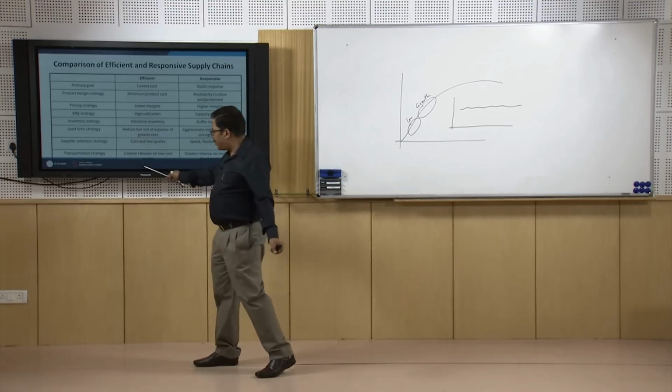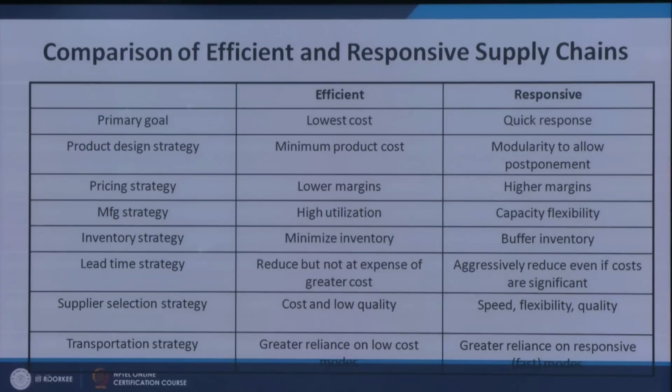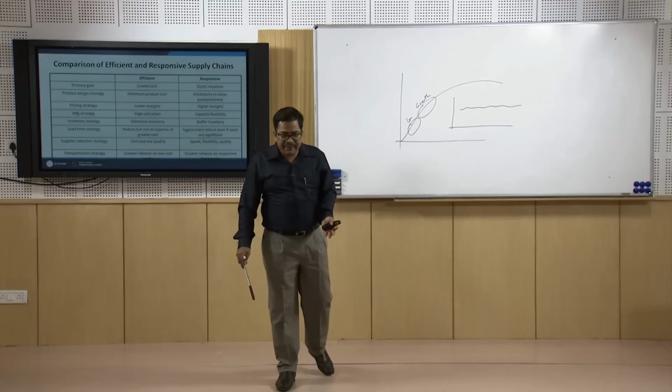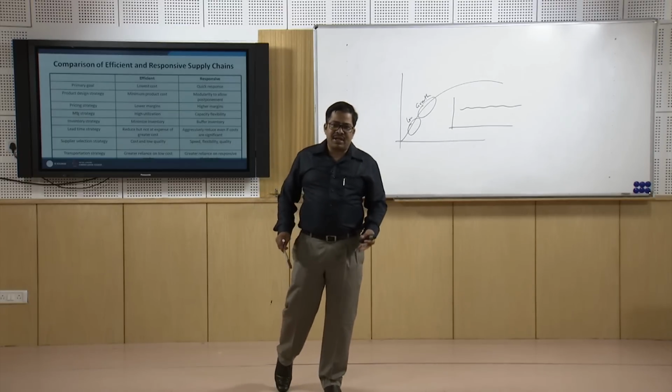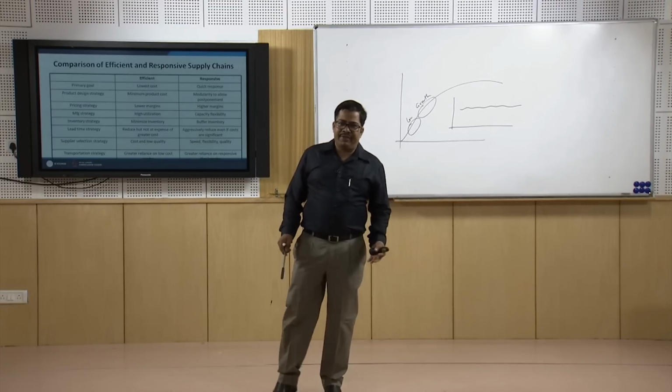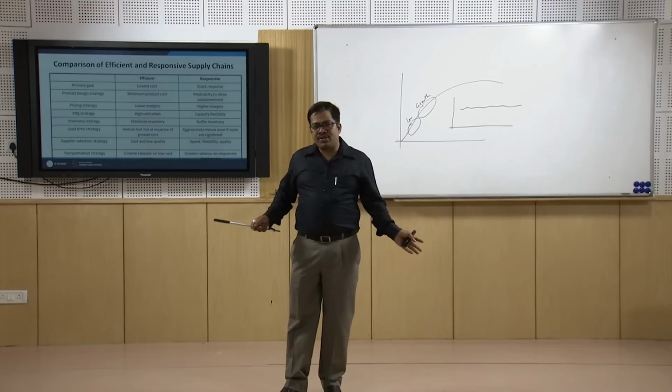And then the transportation strategy. In case of efficiency, I look for low cost modes of transportation. The post office is again a very good example. The post office relies mostly on Indian Railways, which is a very low cost mode of transportation.